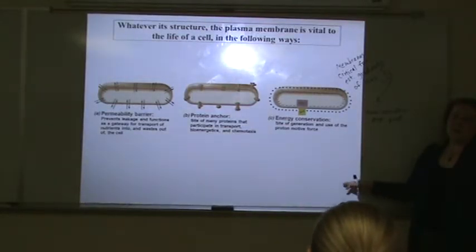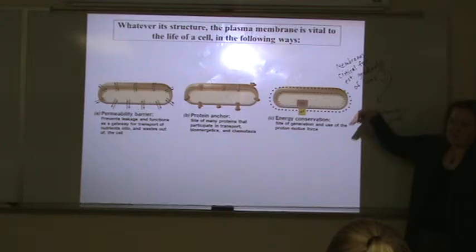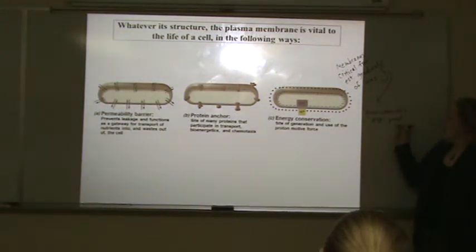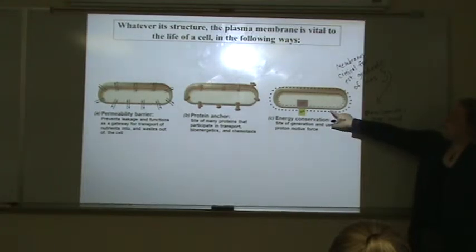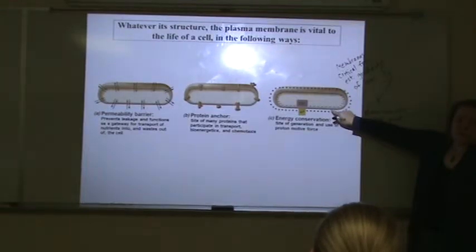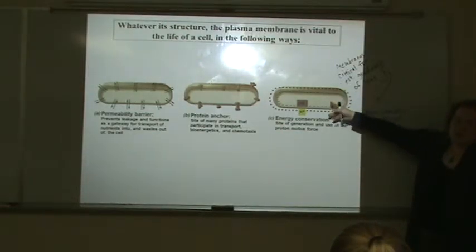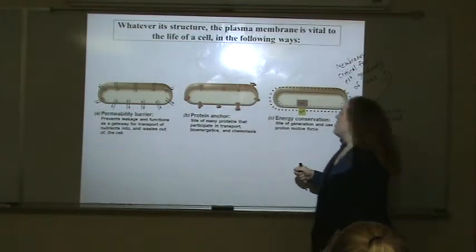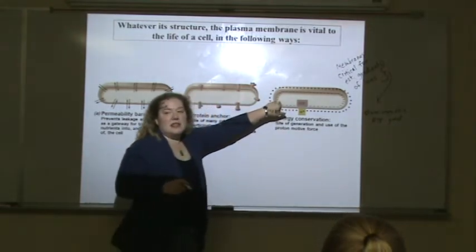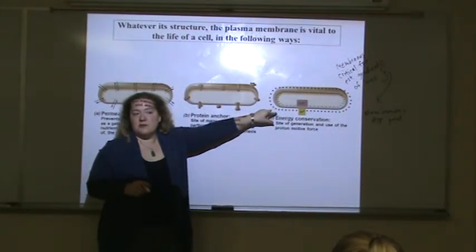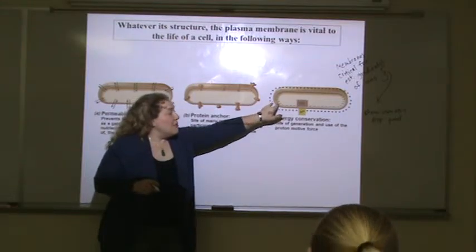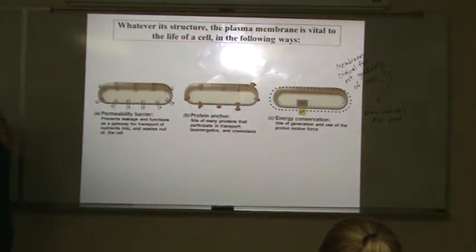Remember that? You push a lot of protons to one side of a membrane and they flow back through ATP synthase and you get a lot of ATP production. Membranes of prokaryotes can also serve that purpose. They serve to separate ion gradients and then provide potential energy to then make ATP. It's just that in prokaryotes, it's their plasma membrane that is doing that job, not a mitochondrial membrane. And that will come up later in the class.